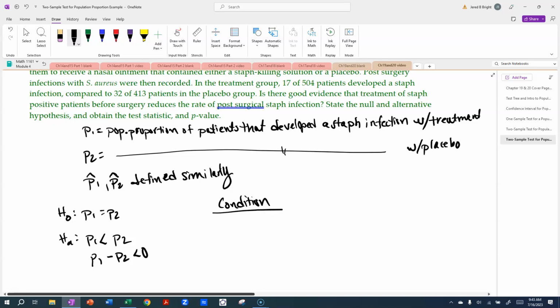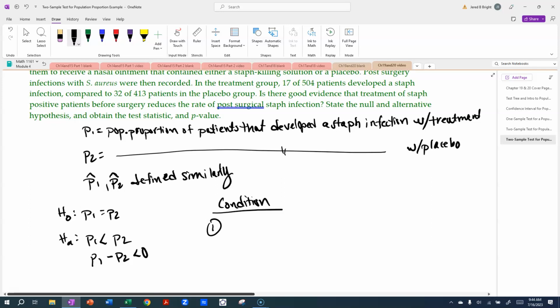Do we have SRSs? We recruited 917 and then randomly assigned them to either group. That random assignment can be seen as a random process. Could it be an SRS?